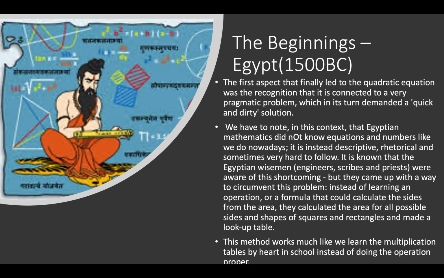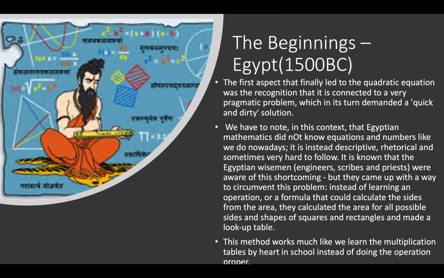The beginnings are in Egypt at around 1500 BC. The first aspect that finally led to the quadratic equation was the recognition that it is connected to a very pragmatic problem, which in its turn demanded a quick and dirty solution.